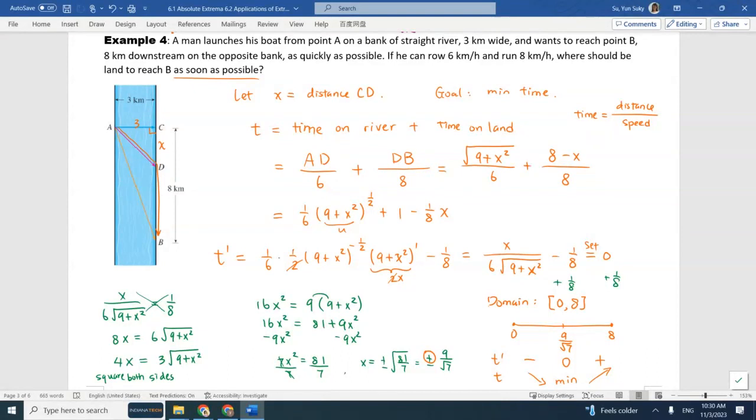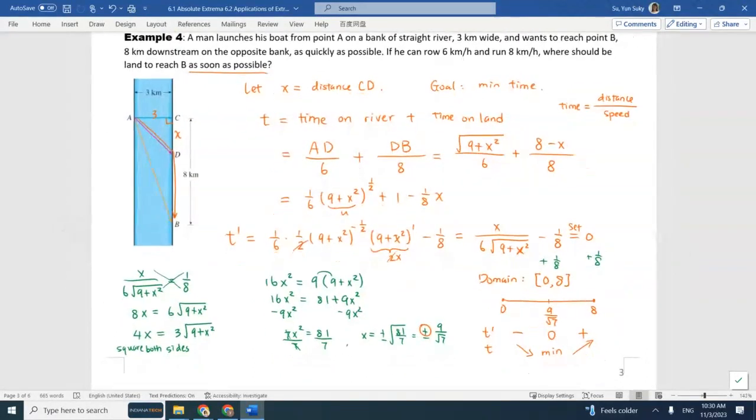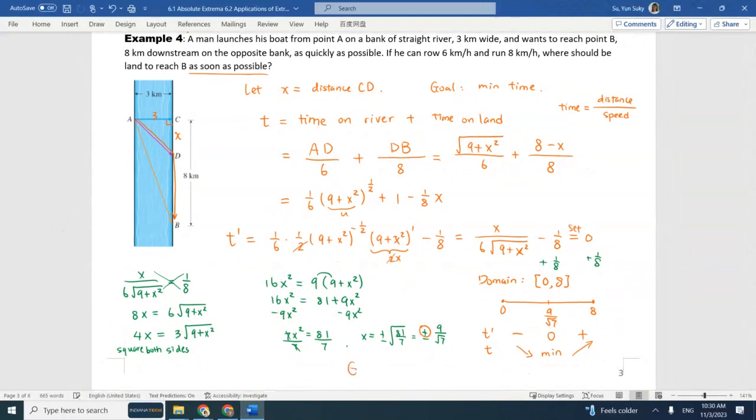Are we looking for minimum? Yeah. So we get minimum time when x is 9 over square root of 7. And you can also put this in your calculator, and then you can round your answer to 3 decimal places.